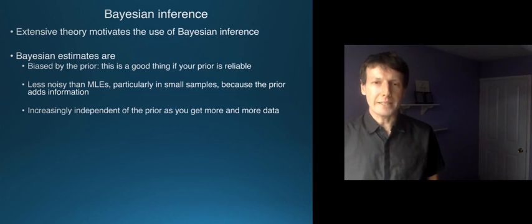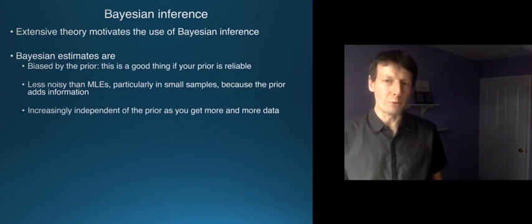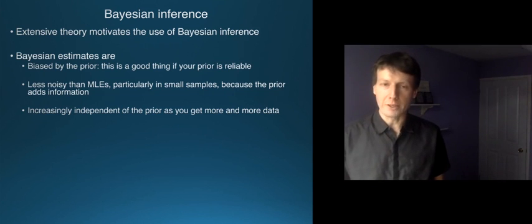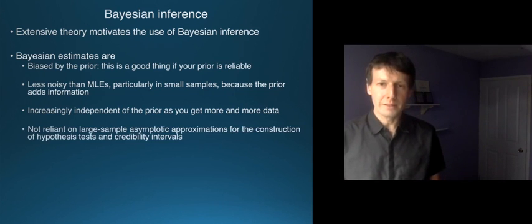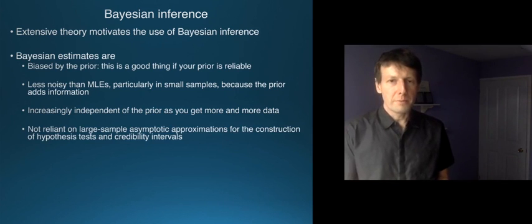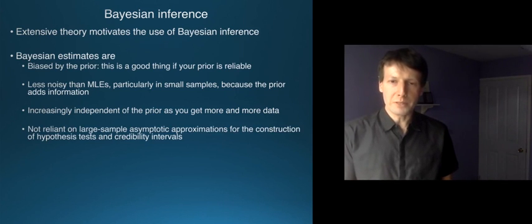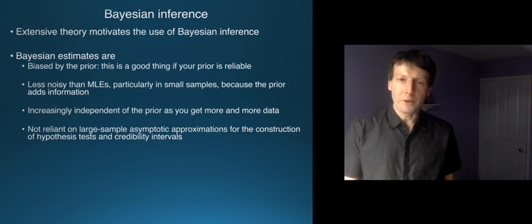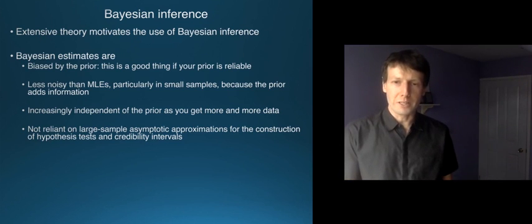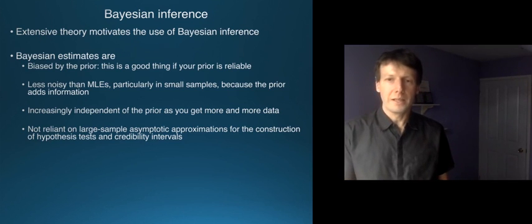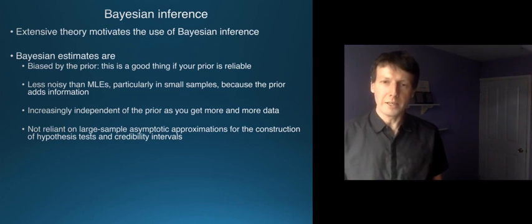The Bayesian estimates are increasingly independent of the prior as you get more and more data; ultimately the data overwhelms the prior. But because they're useful for small samples, they're not reliant on so-called large sample asymptotics for the construction of things like hypothesis tests, p-values, and quantifications of uncertainty.